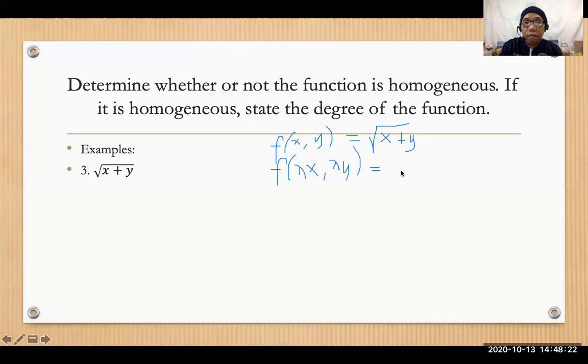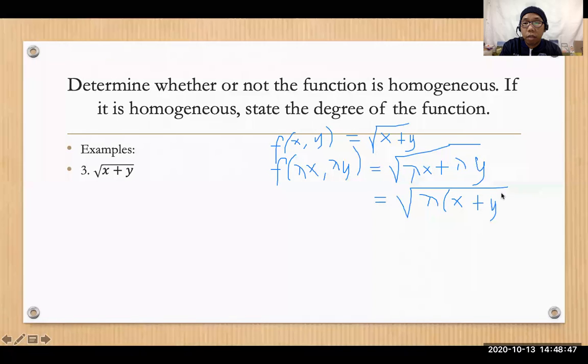Thus, we have this expression, lambda x plus lambda y. As you can see, lambda is common in each term inside your square root symbol. So you can actually factor out lambda here, and that is lambda times the quantity x plus y.